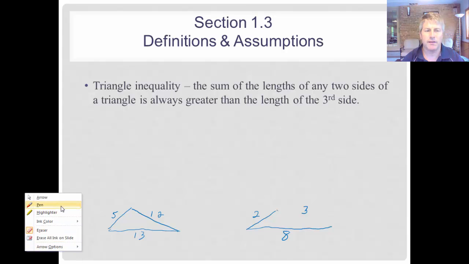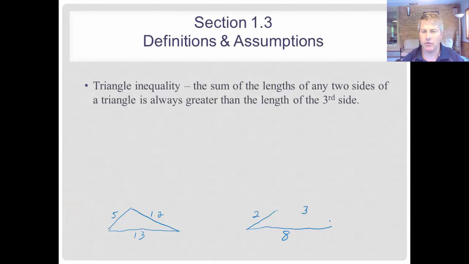It should fall upon itself. If this side is only 3, it might only go to there, right? This would collapse down there, this would collapse down there. So we'd have 2 units there and 3 units here, and we'd only take up 5 of the 8 lengths. So clearly a 2, 3, 8 triangle doesn't make any sense at all, okay?